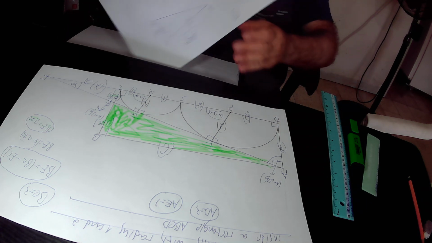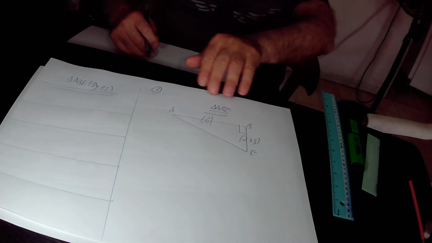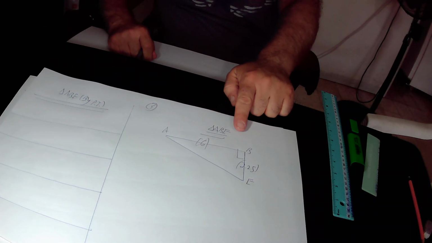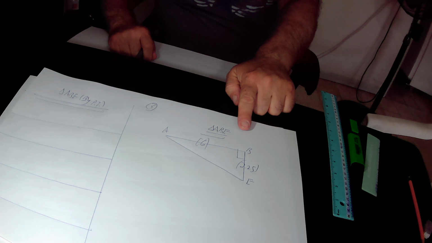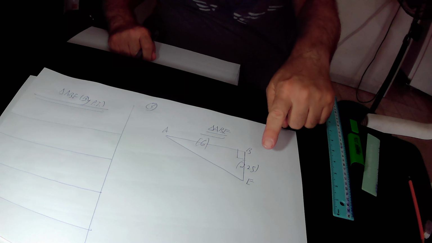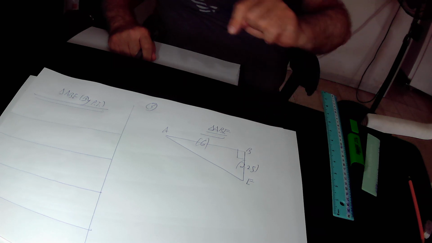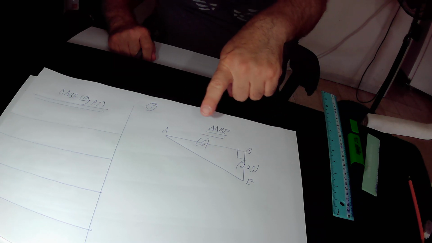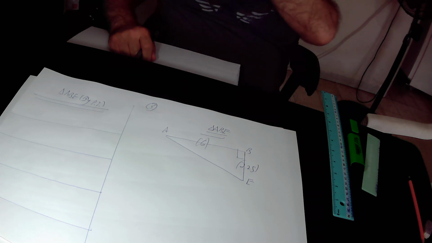So actually, this is the right green triangle ABE that I copied from the original drawing. I repeat again that side AB equals 6, side BE equals 2.25 units, and the hypotenuse AE is unknown. It is the missing side.